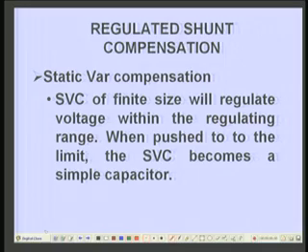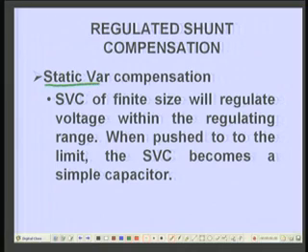The next category of reactive power sources comes under the heading regulated shunt compensation. Under regulated shunt compensation, we know about the static var compensators, SVCs. Another device available today is the STATCOM.